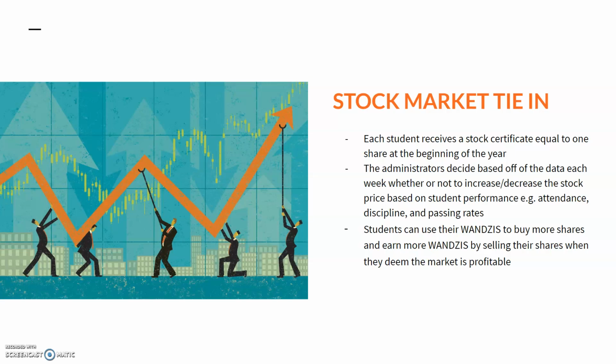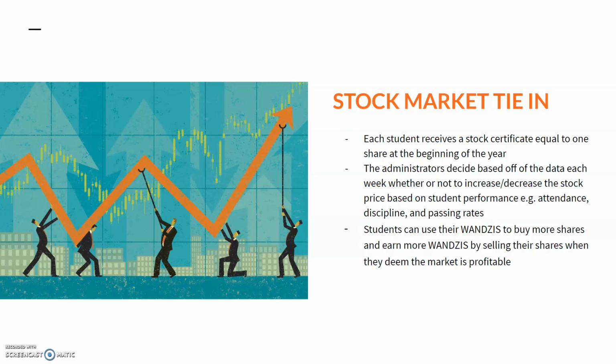The whole goal of this is to get them to think in the long term, because most likely the stock price is going to be up from 20, and they can sell their shares whenever they want. So that is completely up to them, but we would give rewards for students with the most stock or most shares and stock value. And so that was kind of the competition there.